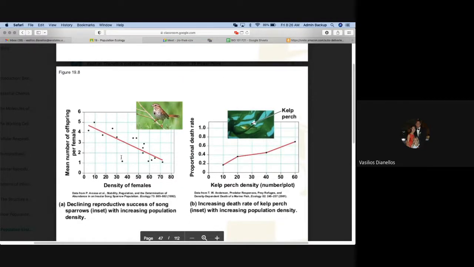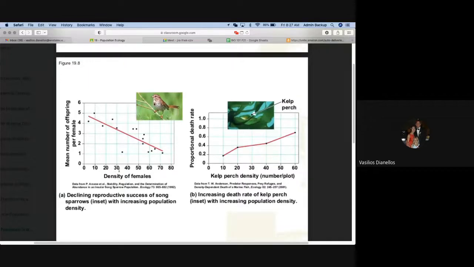Here's some examples from your book. I'd go into this, but we're a little bit behind on time. Just read the graphs. If you have any questions, let me know. This just shows that as the density of females increases, you can see that the mean number of offspring decreases.